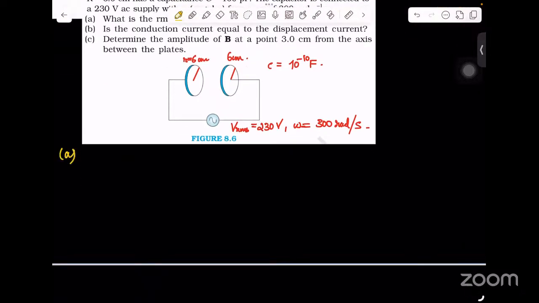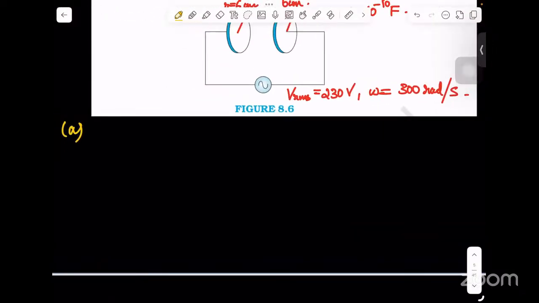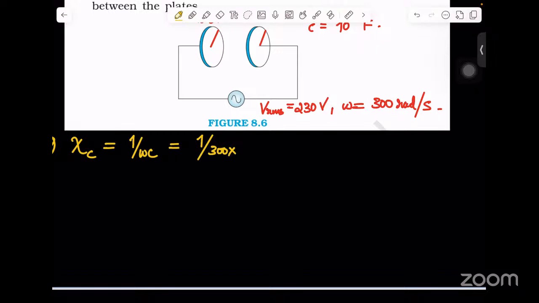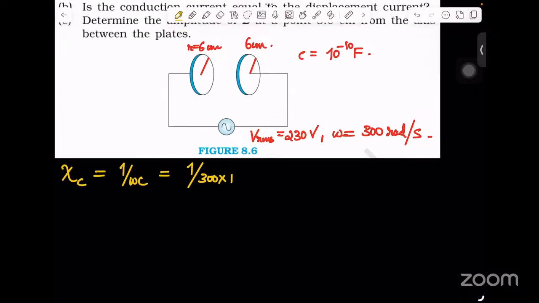So the capacitive reactance, X_C, equals 1 upon omega C, which equals 1 upon 300 into the capacitance, 10 raised power minus 10. So it will be 10 raised power 8 upon 3.